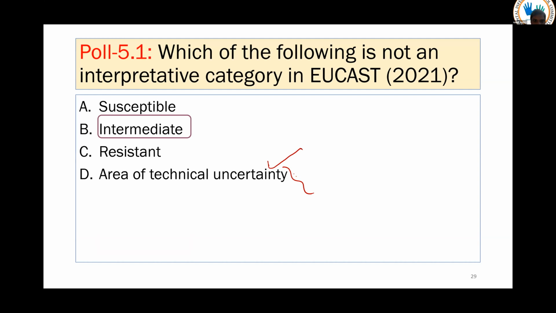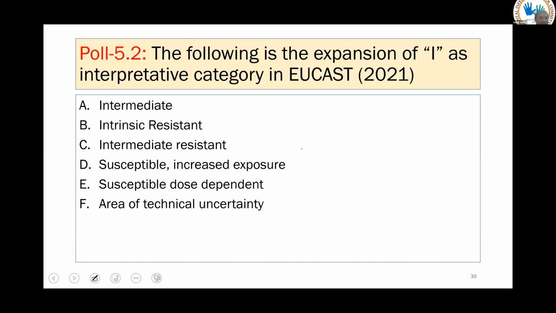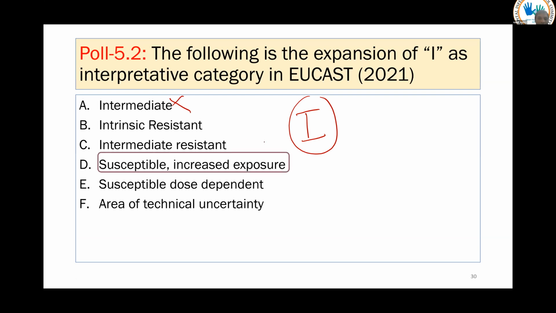What does I stand for in EUCAST? The next question is, EUCAST also uses the letter I, but I in EUCAST does not stand for intermediate. I in EUCAST stands for susceptible, increased exposure, which is the equivalent category of SDD in CLSI.